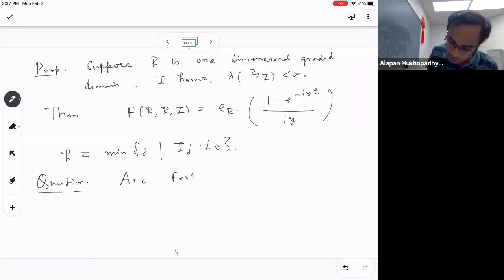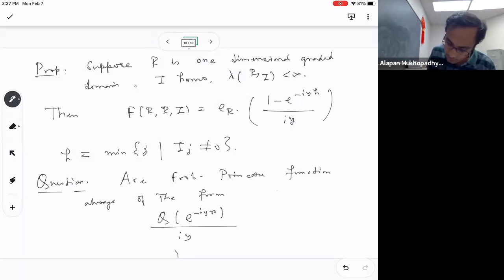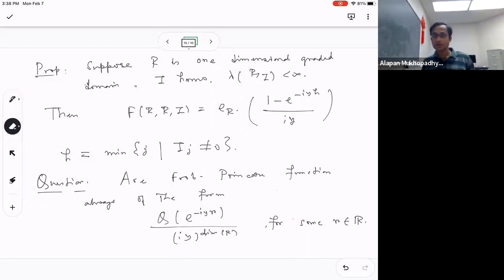Are Frobenius-Poincare functions always of the form a polynomial in e to the power minus y r divided by y to the power dimension of R, for some real number r? Okay, so I do not know the answer to this question.